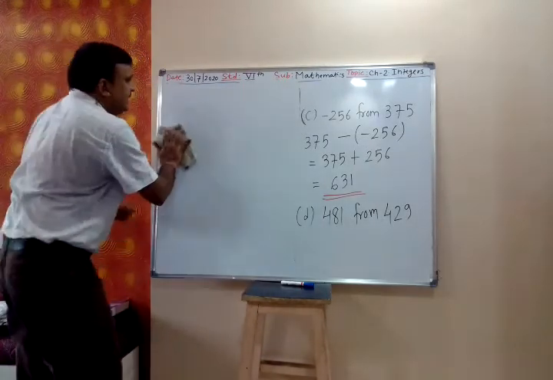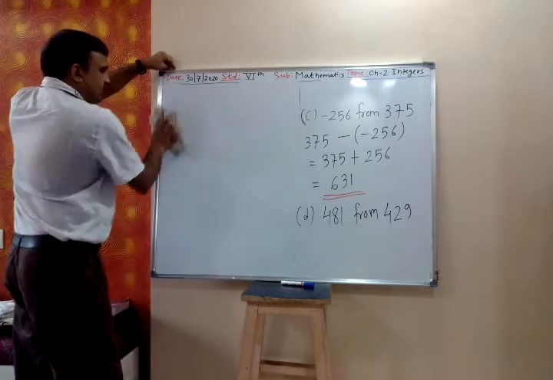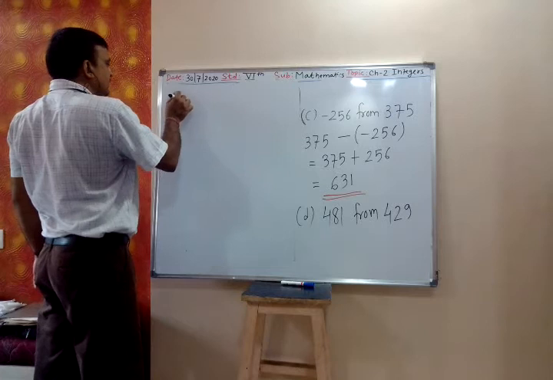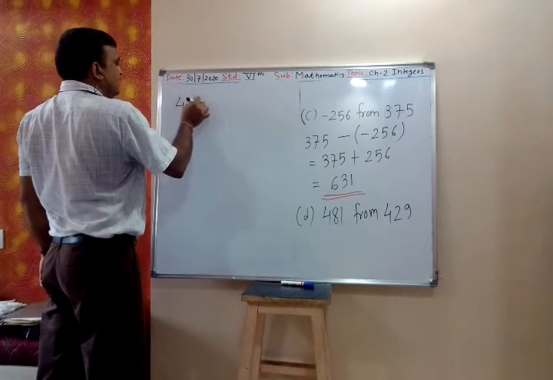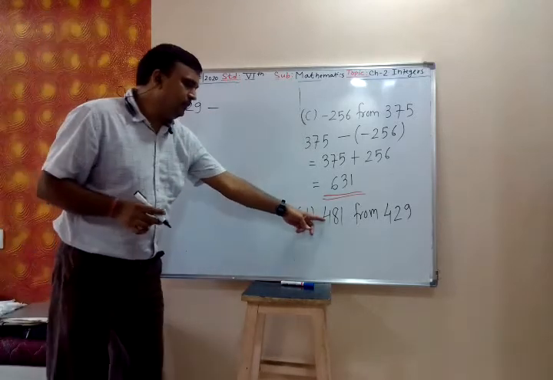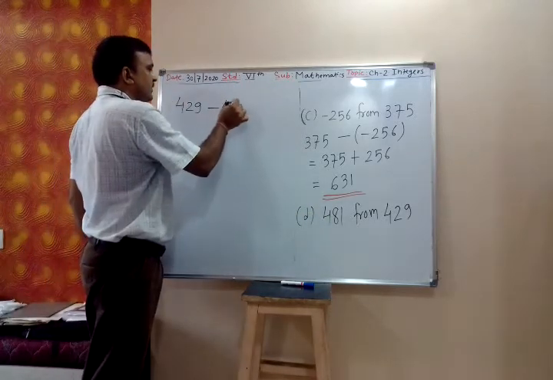So it is 429, we write 429 first. Then subtract means minus. Which number? 481. So we write 481.